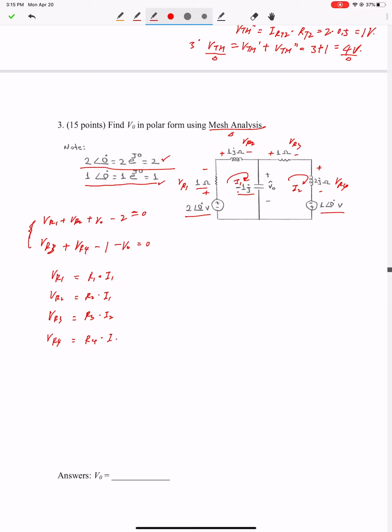VR4 is R4 times I2. And for the last one, V naught, that should be I1 minus I2 times the impedance of this capacitor. Let's call it ZC.